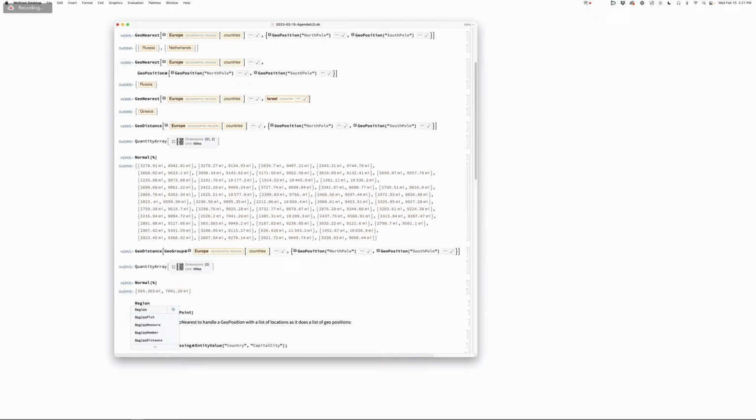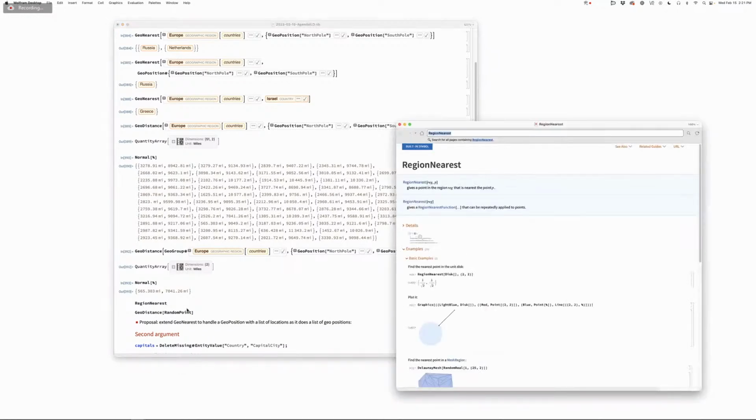Right, RegionNearest doesn't tell you which region is closest. I guess you could do that with normal Nearest. We could have a distance function that operates on regions. Right, it tells you which point within a region.